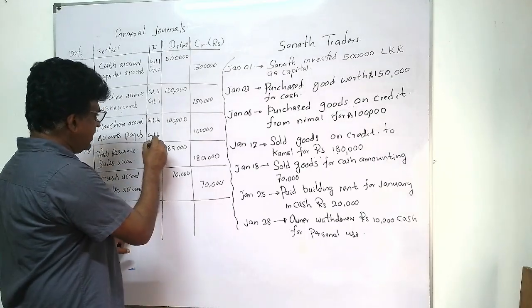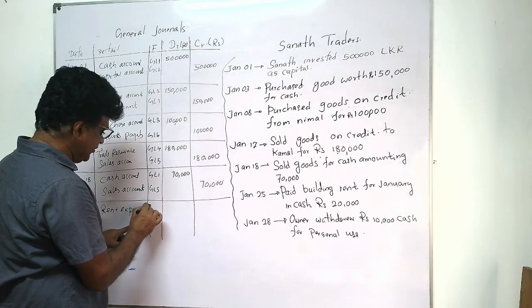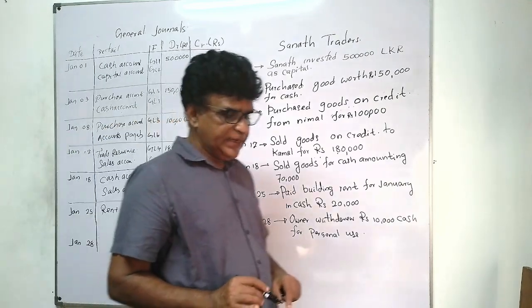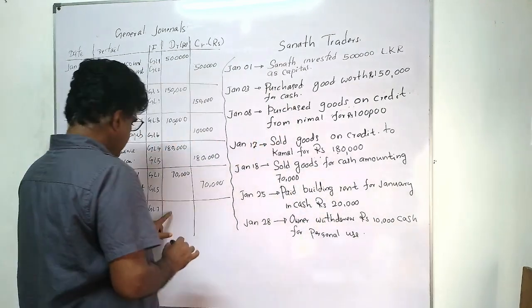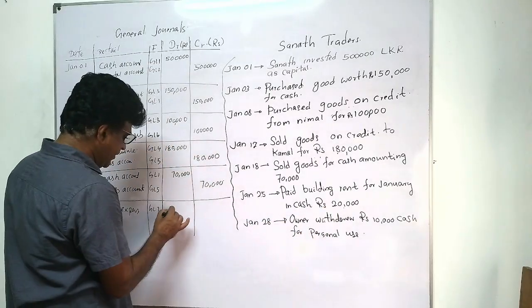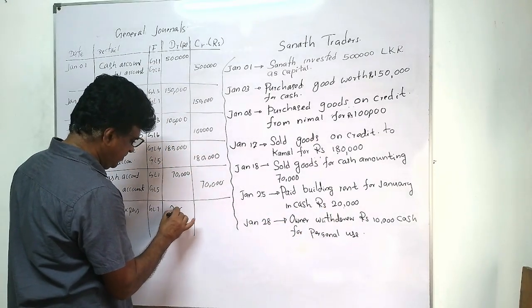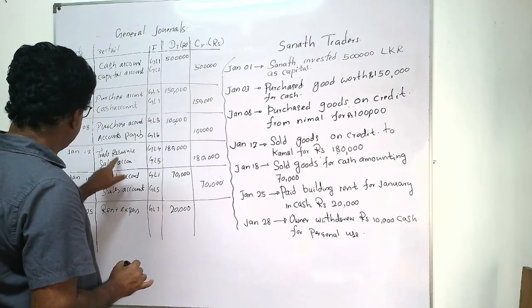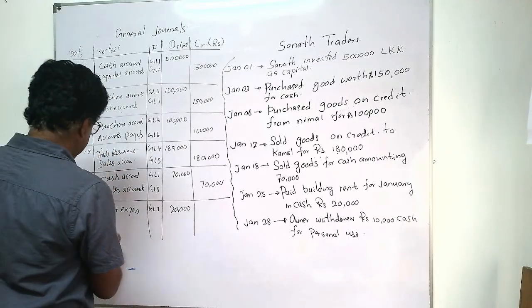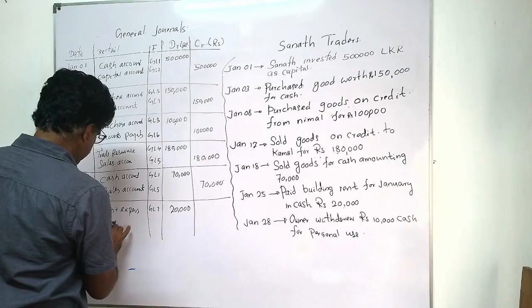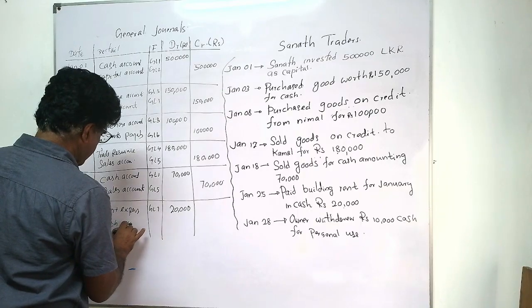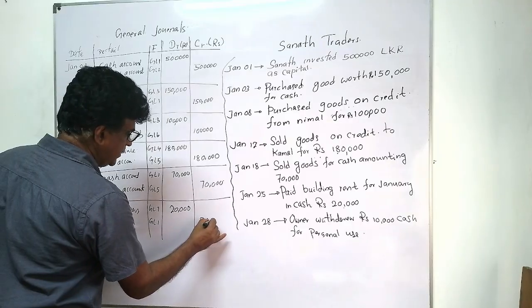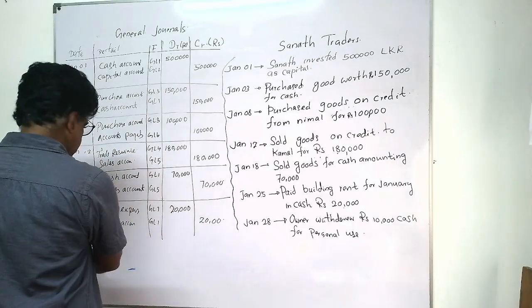Rent expense account, that is GL7, debited by 20,000, and that has been paid by cash, then cash account, that is GL1, credited by 20,000.